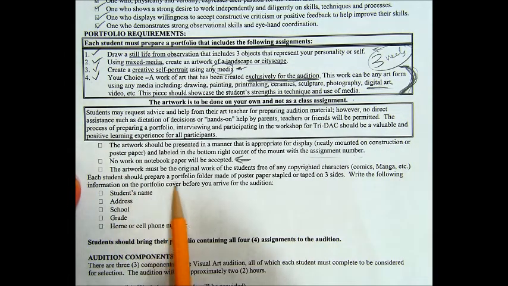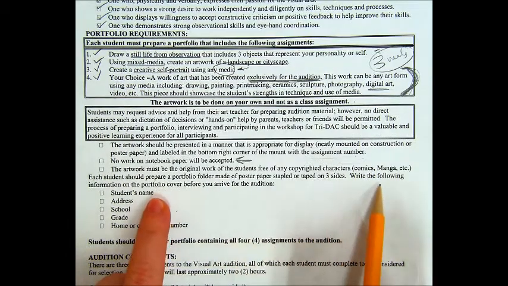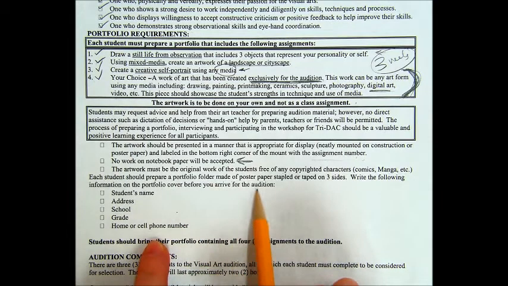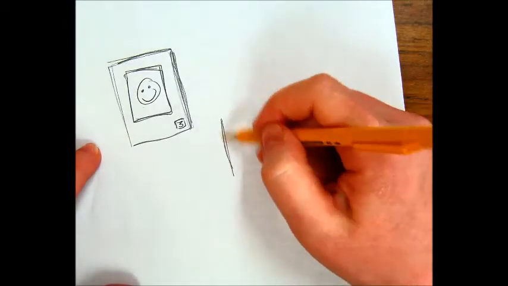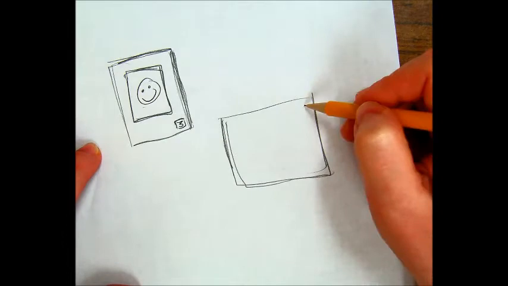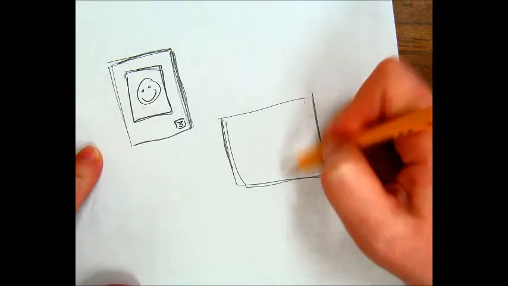Each student should prepare a portfolio folder made of poster paper stapled or taped on 3 sides, and write the following information on the portfolio cover before you arrive for the audition. This would be something similar to our team folders we use in art class, but if you take just a large poster paper, you know, you can buy those poster papers at even the grocery store sometimes, then you fold it in half.